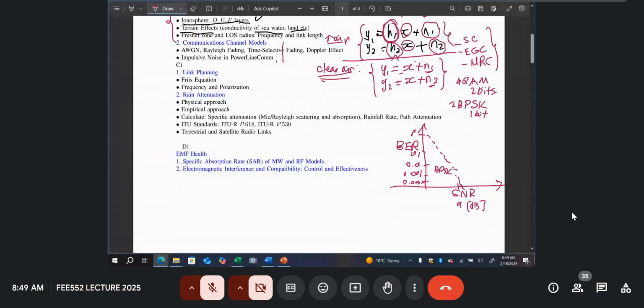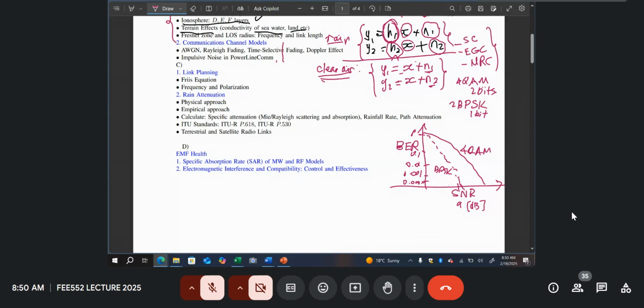For QPSK, you can also check. It means you have more errors at even higher signal power. You can have 16 QAM and all the rest until 256 QAM that's used in 5G, or just 64 QAM that is used in 4G. So if you plot this curve, these are standards.